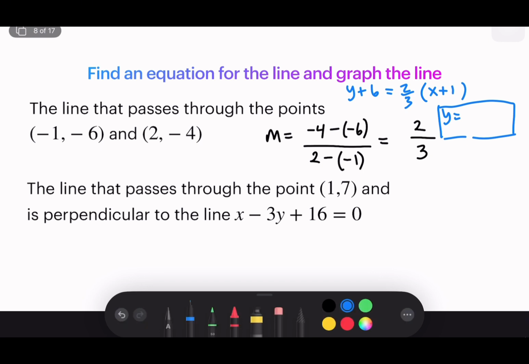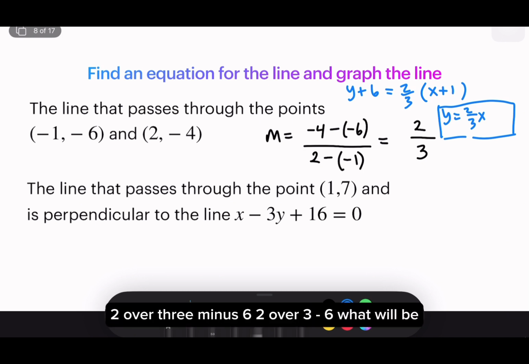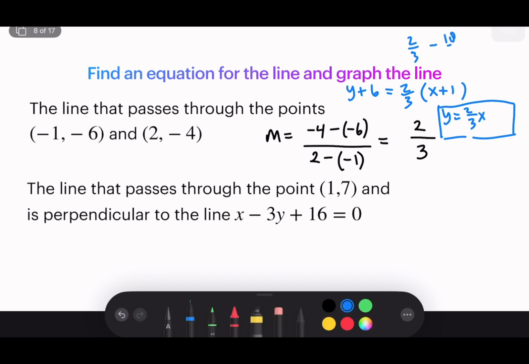Then 2/3 minus 6, what will it be? Minus 16/3.